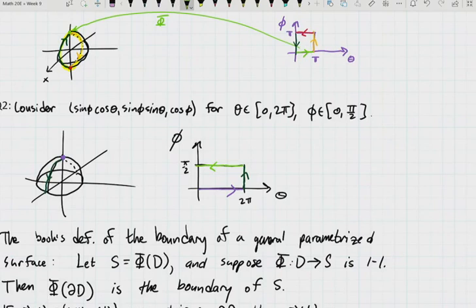So theta goes backwards, so we're going to go around the circle, around the back of the circle. And then finally, when phi goes back down to 0, we go back up to the top.